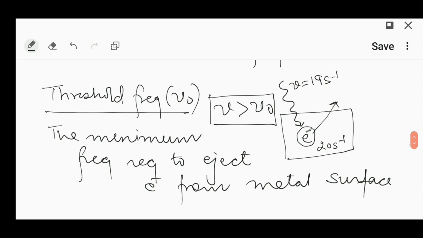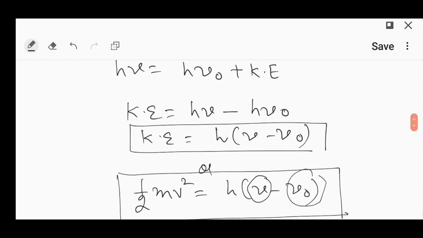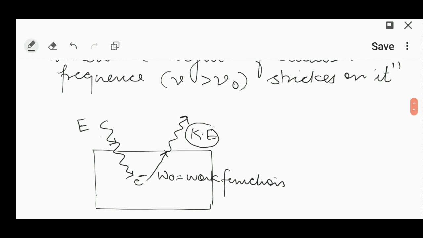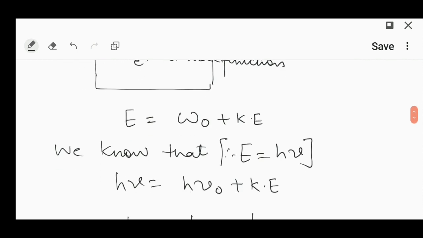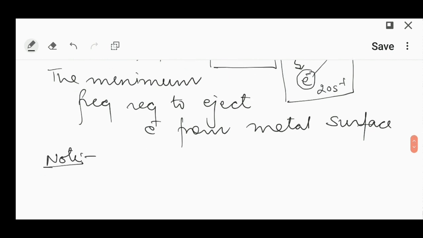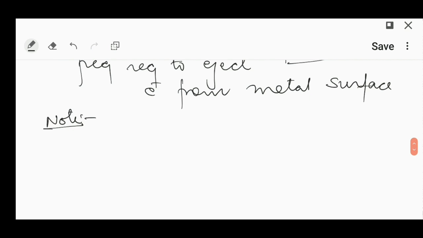Okay, watch this expression once again. Ke is equal to h times (nu minus nu naught). This Ke is the kinetic energy of ejected electrons. I am highlighting this Ke. There is a note, write it down. You can also take a screenshot of this concept.